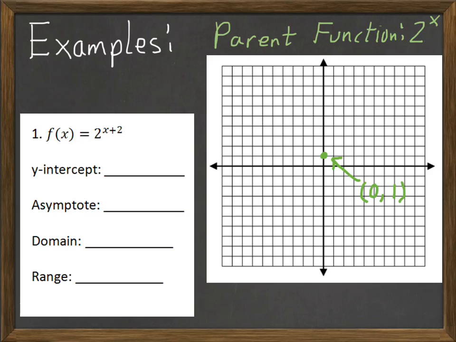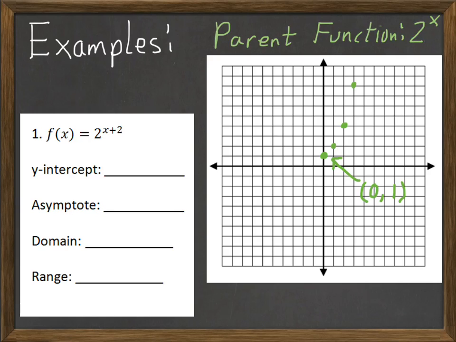So you can pretty much always count on that point being a basis for where you draw the rest of your function. Because it's 2 to the x, it's going to be doubling each time that we move to the right. So my next points would be at y values of 2, then 4, and then 8.